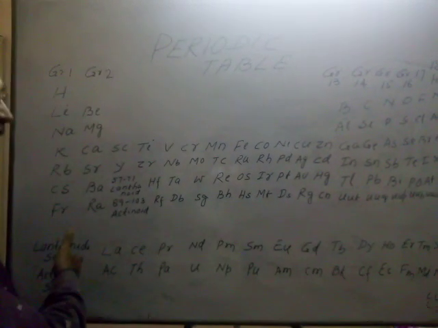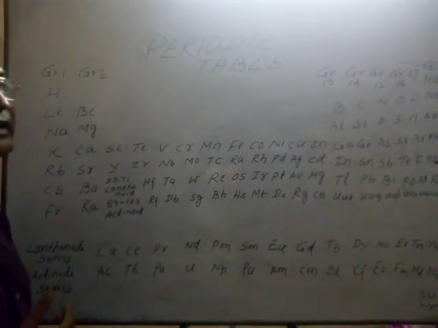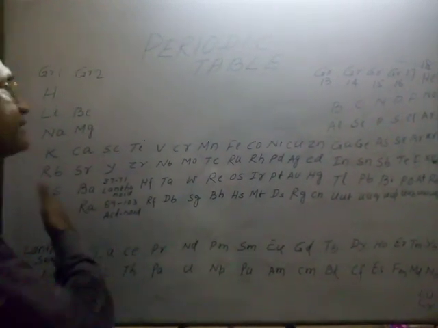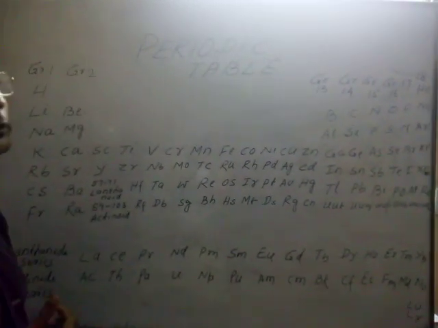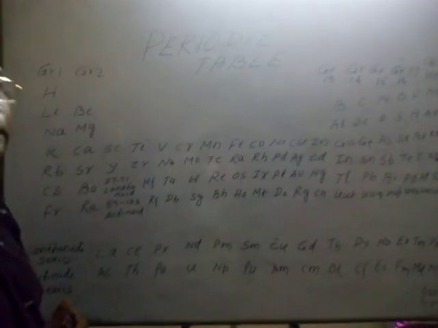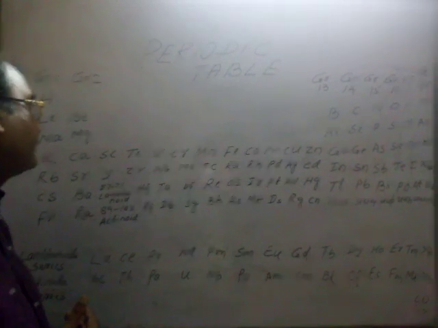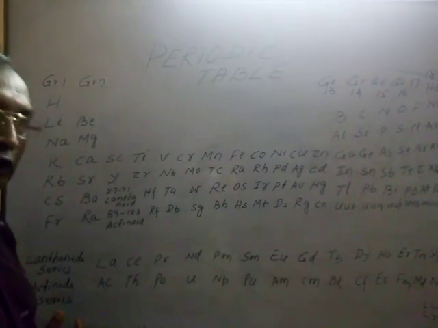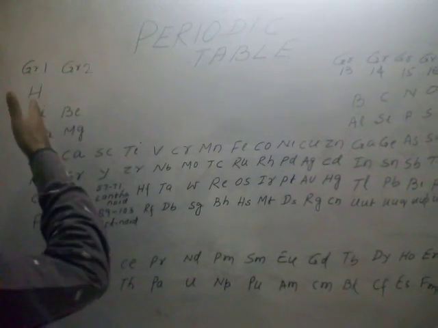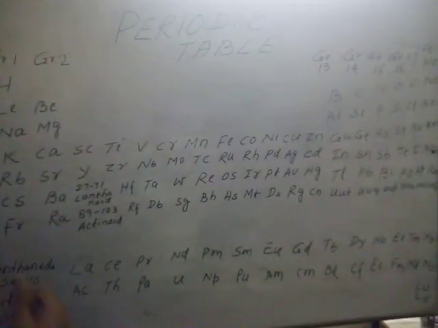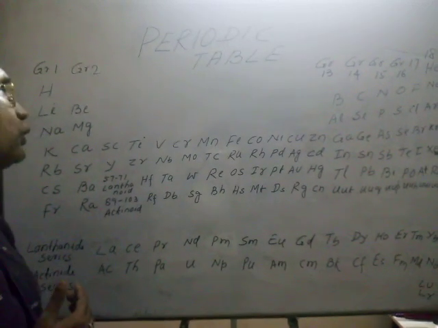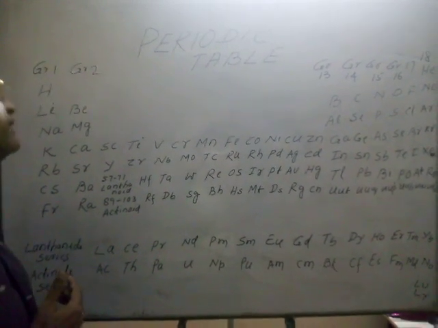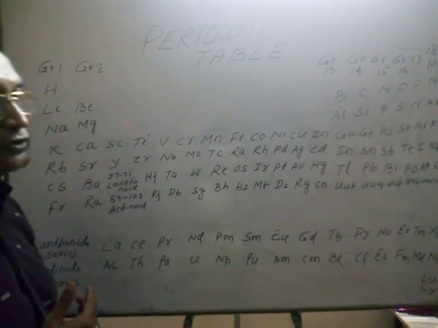Here, alkali metal and alkaline earth metal. Why is it known as alkali metal? If we consider the oxides of group 1, these are basic oxides, and they can dissolve in water. And group 2 is known as alkaline earth metal because we generally get these elements from the earth crust.